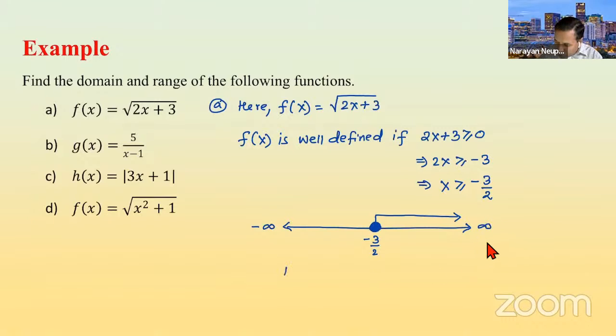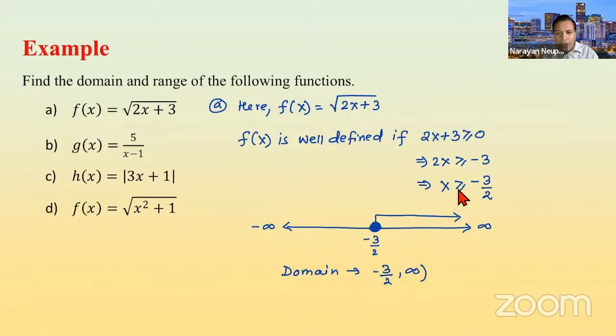So we can say the domain is from -3/2 up to infinity. And you know, at infinity, we always put a parenthesis. At -3/2, the value is also included.